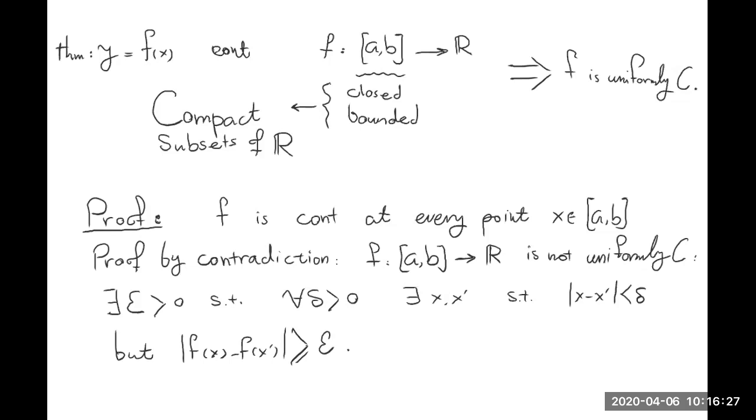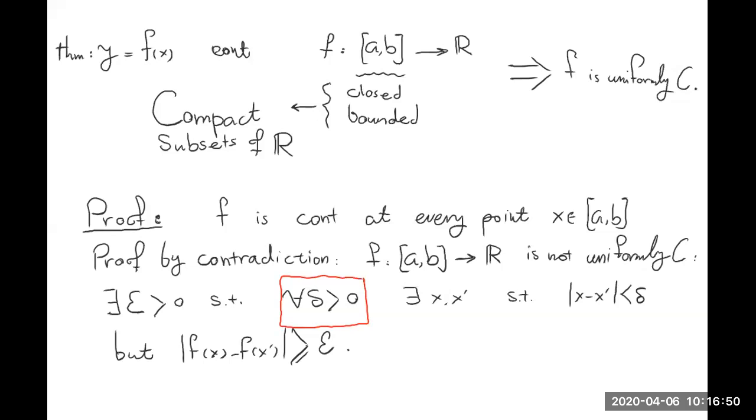So if we assume it's not uniformly continuous, we should negate this statement. Here we are saying for any delta, this thing happens.